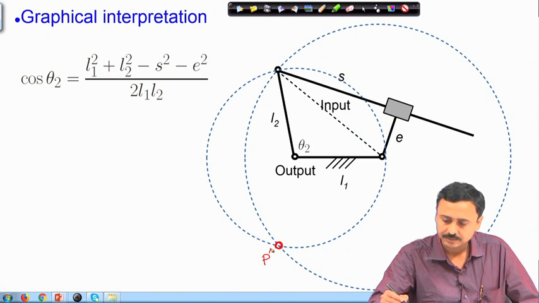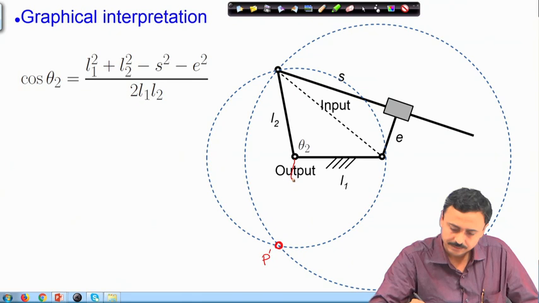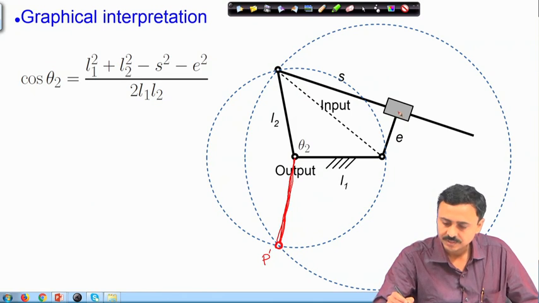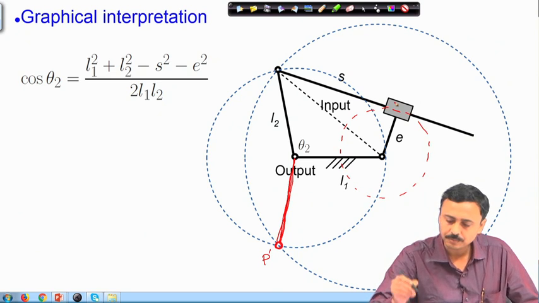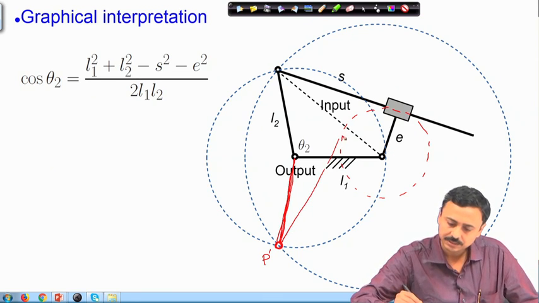Now, here the configuration will look like this. The link L 2 will move like this, and to locate the other part of the mechanism, we consider tangent to this small circle.